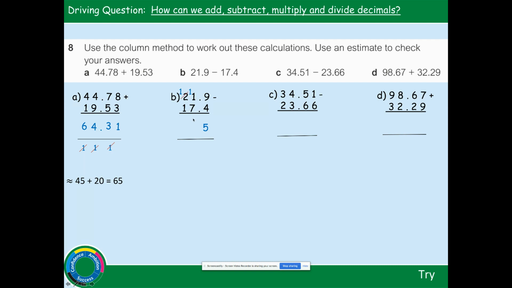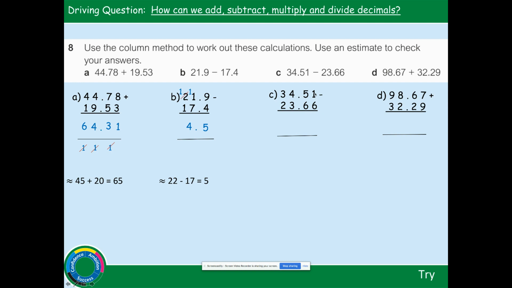Now I've got 11 take away 7 is 4. 1 take away 1 is 0. Because it's the end of our number here, I don't need to put the 0 there because it doesn't have any value. So if we just check, we've got about 22 take away 17, which is about 5. So that's fairly close.